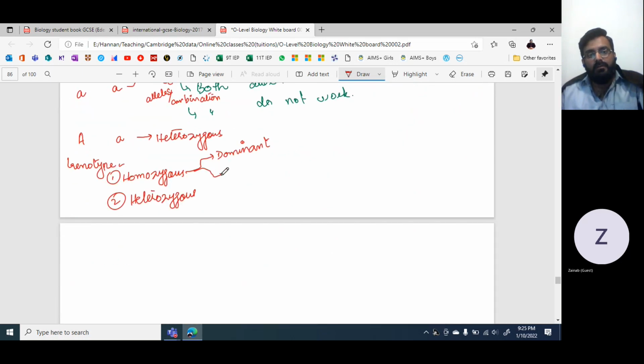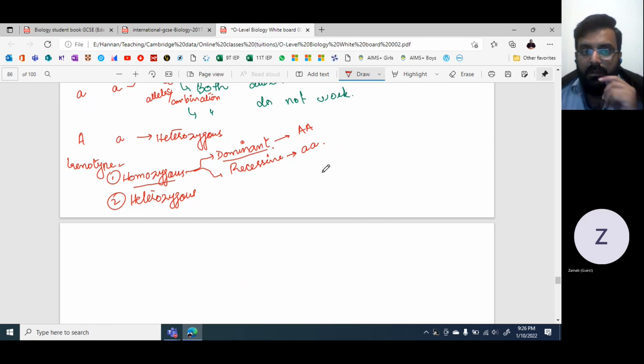And if both are not working properly, these would be regarded as recessive. So I am making a genotype here, AA. This genotype would be called homozygous dominant, because both are the same and both are capital, or both are properly working. And if I'm mentioning here homozygous recessive, it means both are the same and both are recessive, both are not working.